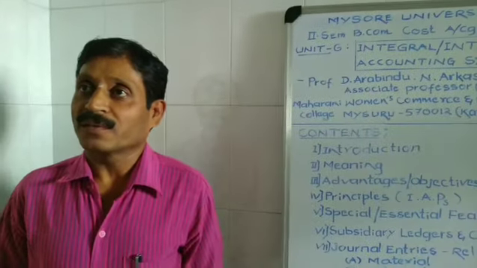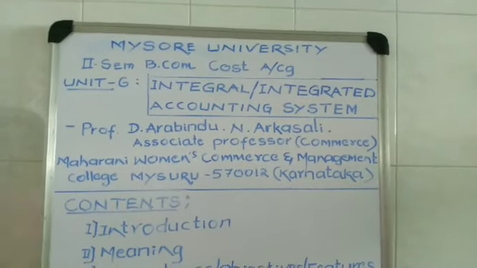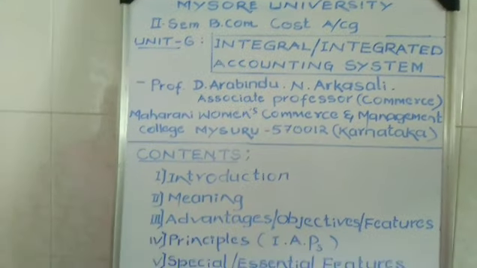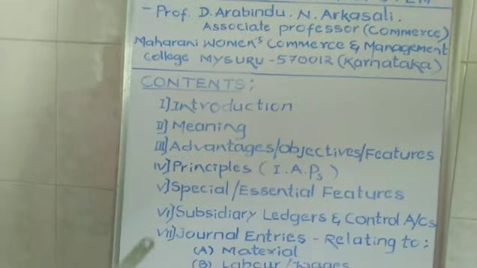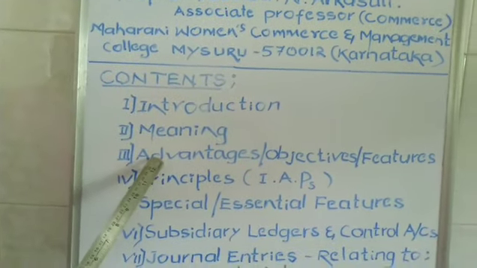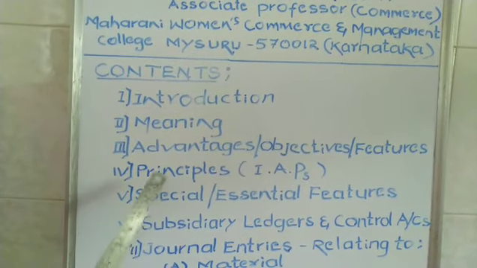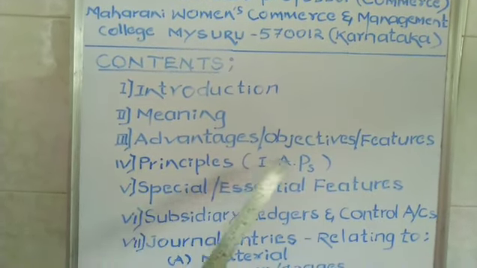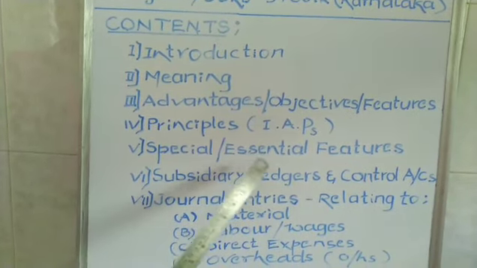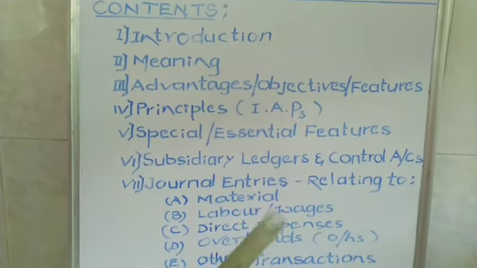The topic of second semester cost accounting, and this topic includes the contents related to the introductory aspects, meaning, advantages, objectives, features, principles, that is integrated accounting principles, special essential features, subsidiary ledgers, and control accounts.